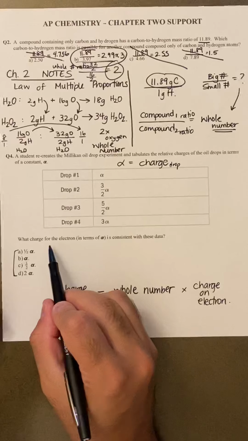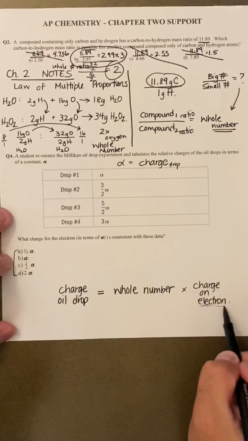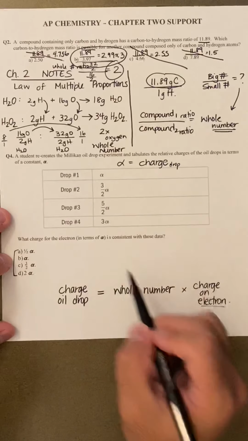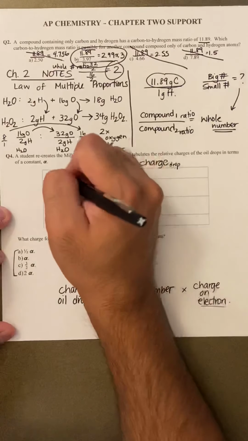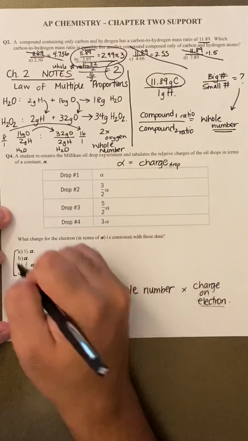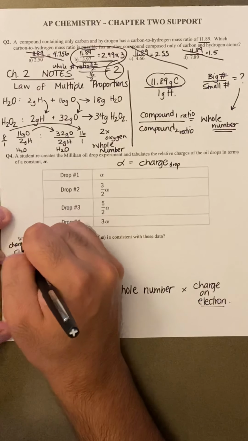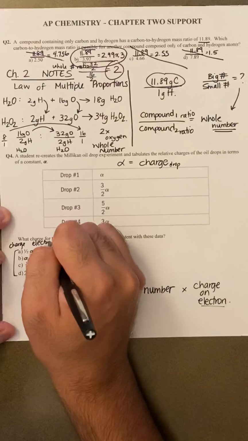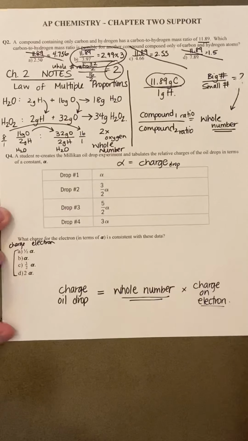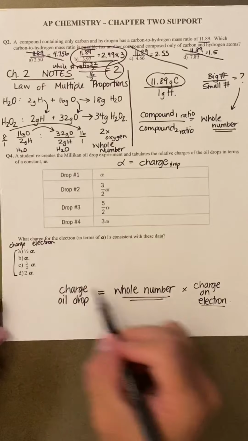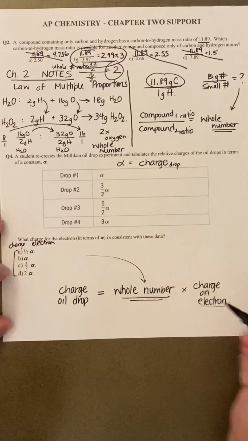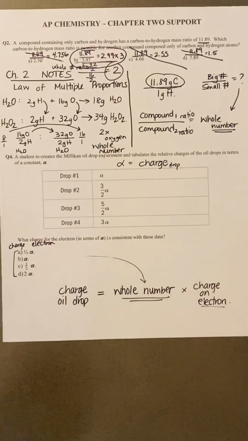Because it says for what charge of the electron would be consistent with these data. These are the charge of the drops, and these are the charge of the electrons. The only thing I'm missing is that whole number. Which of these will give me a whole number? That's what this question is asking you to do.